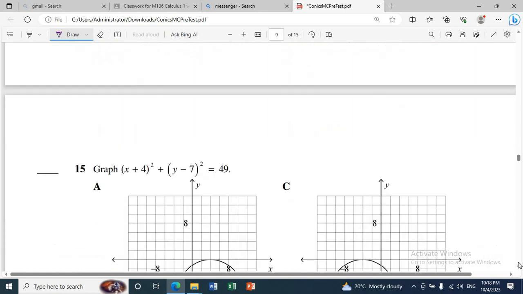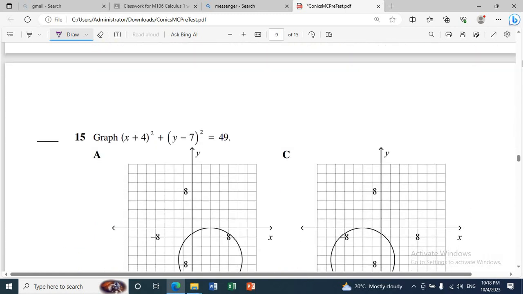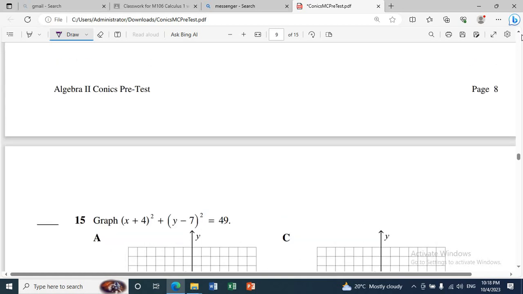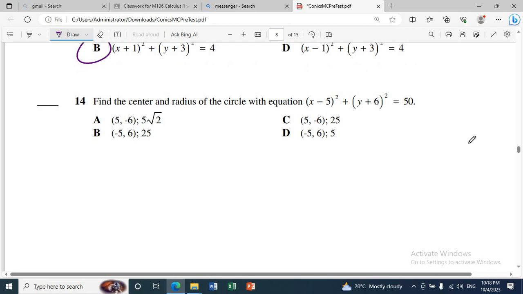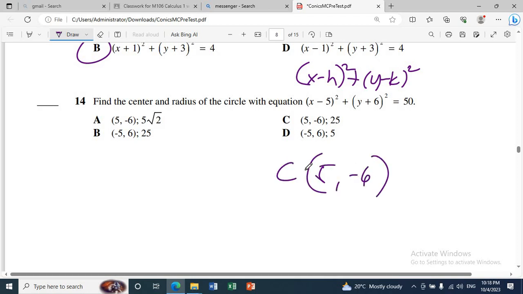Next item, number 14. Find the center and radius of a circle with equation. So the center, x minus h squared plus y minus k squared, so this is 5, negative 6 as the center. And then the radius is square root of 50.